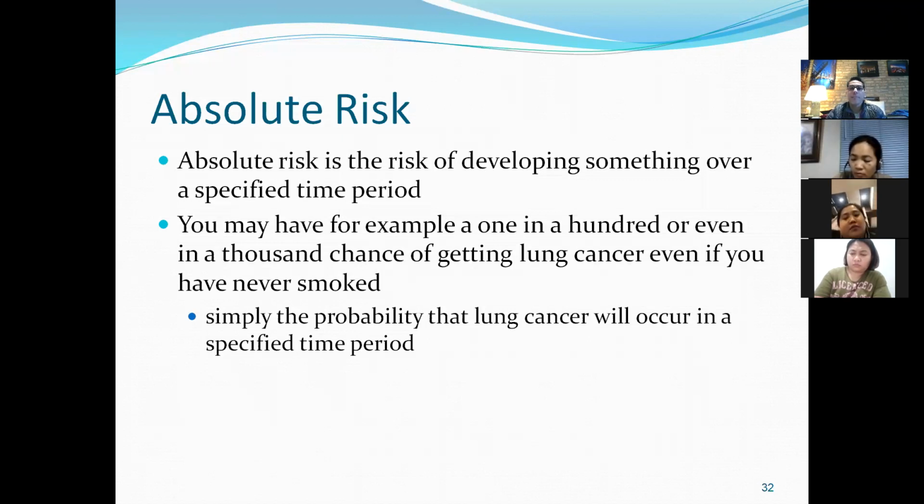So you may have an example of a 1 in 100 or even 1,000 chance of getting lung cancer, even if you have never smoked. So again, the key concept in absolute risk is that there is a specified time period. That's why we're able to calculate absolutely.